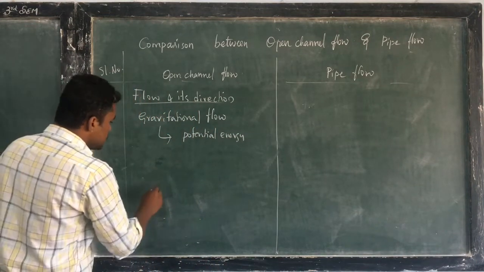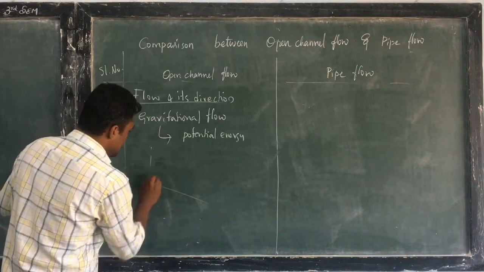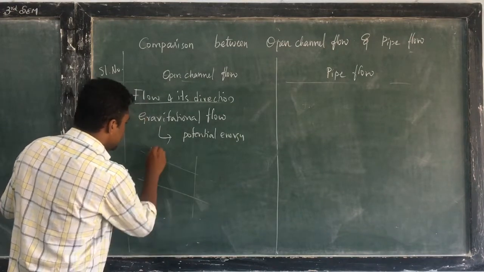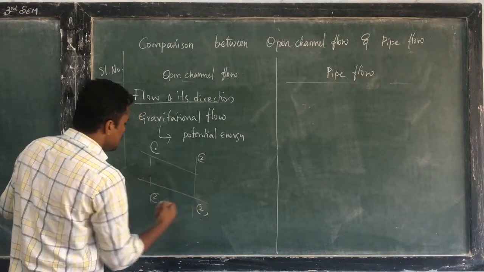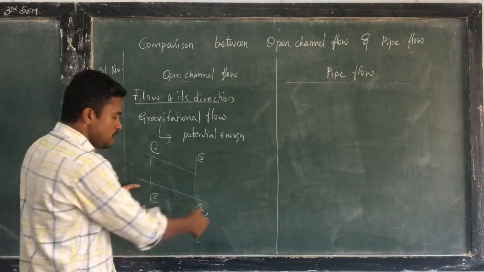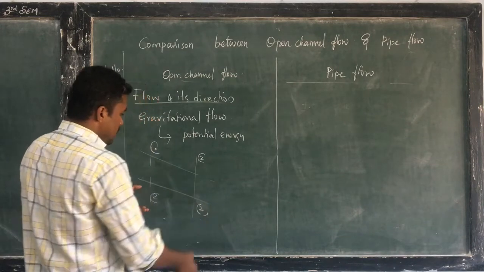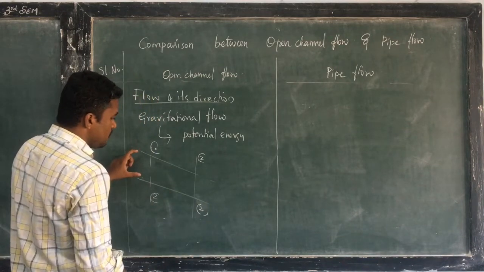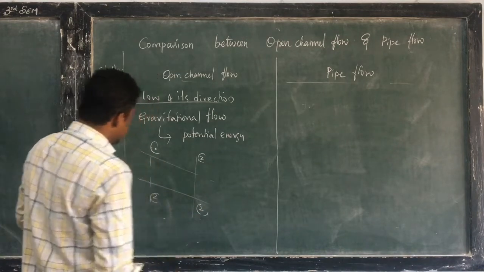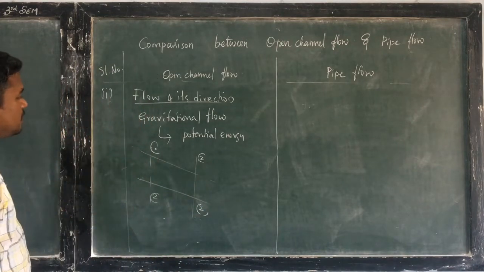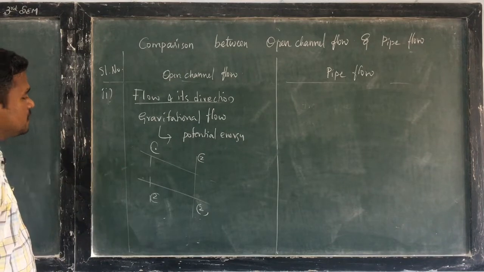If you take two sections, section 1-1 and section 2-2, we know it is Z1 and Z2, the datum head, and we have H1 and H2. Here we have the pressure head, of course, and the kinetic head.